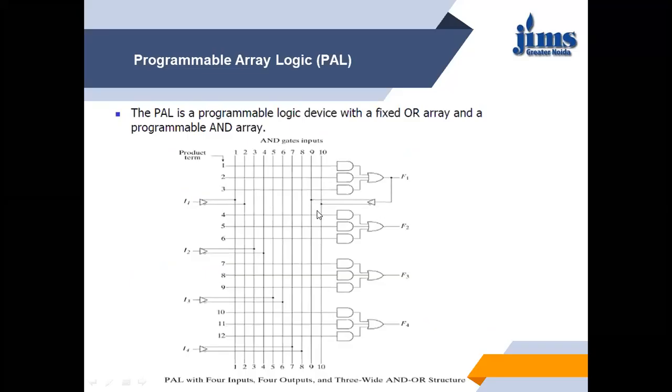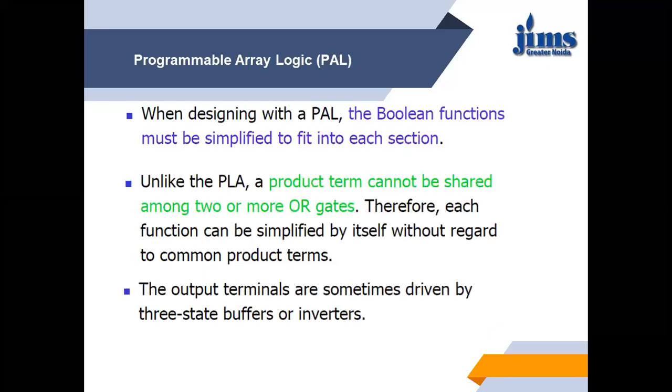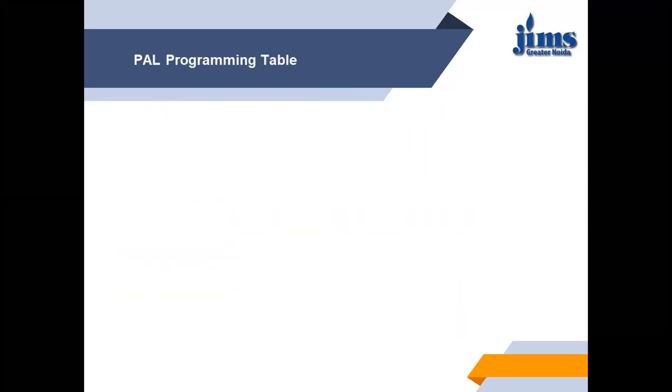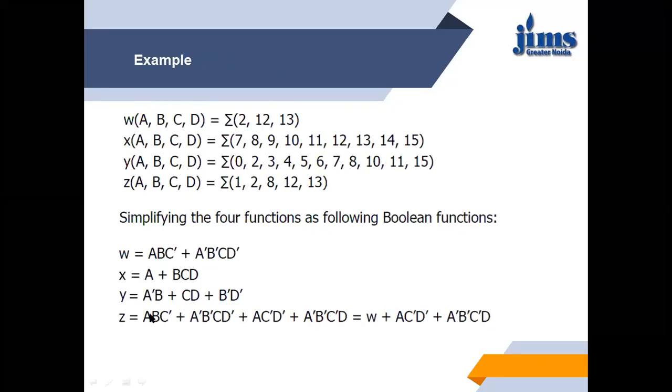So in this case we have implemented it with the help of W. In the last expression for Z, we have combined the first two terms as W and the rest of the two terms are the same. So you can see that in each OR term we have a maximum of three product terms. Here it is 1, 2, 3. Here it is 1 and 2. Again 1, 2, 3. So we can use a PAL like this, which combines three product terms.